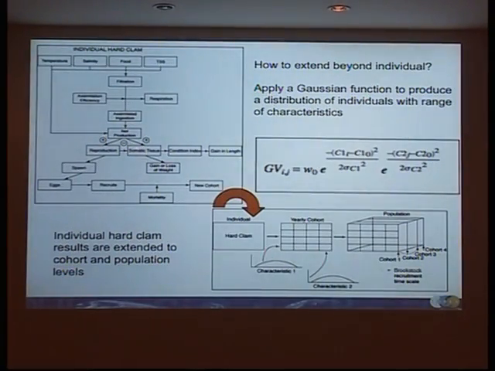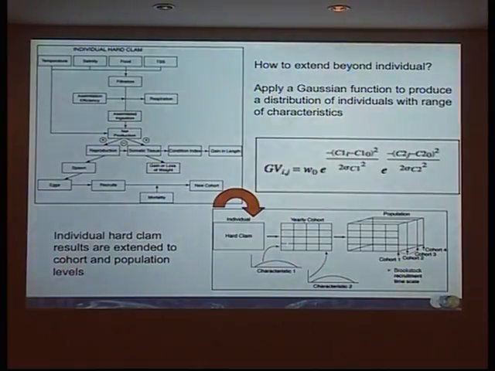Now, as I said, this is an individual-based model, so how do you take this and go to something that's more cohort and population-oriented? Well, in this case, it's a very ad hoc way of doing it. You take something like a Gaussian function, and you take a couple of characteristics of the individual, like respiration rate or assimilation rate, and you vary them over a range around the results you get from the individual-based model.